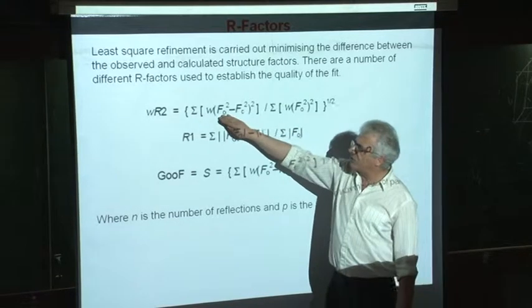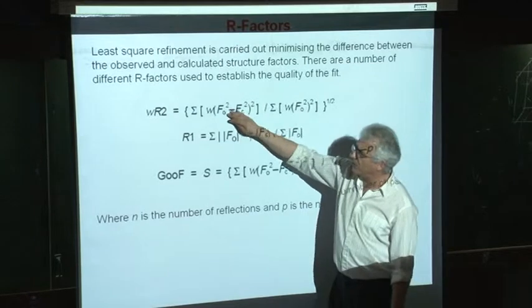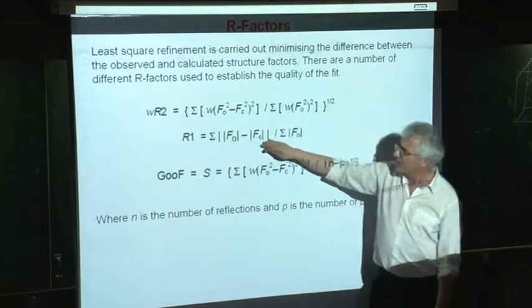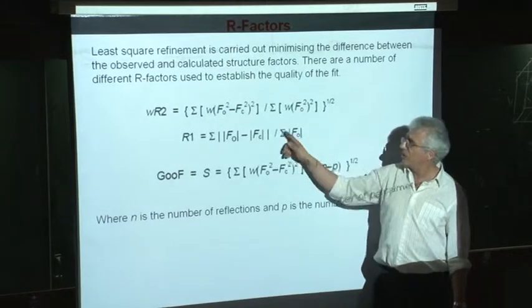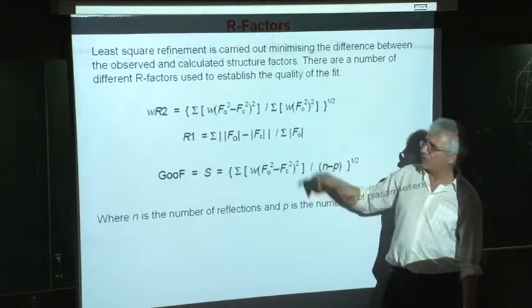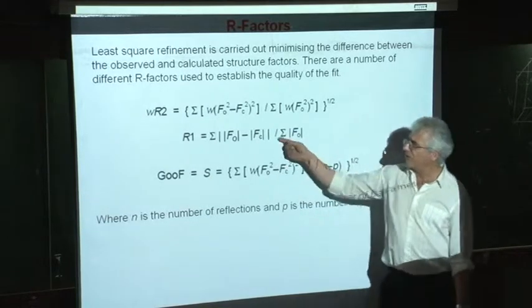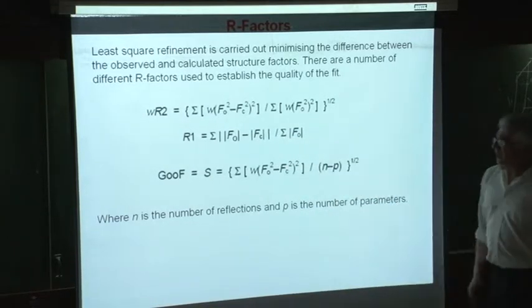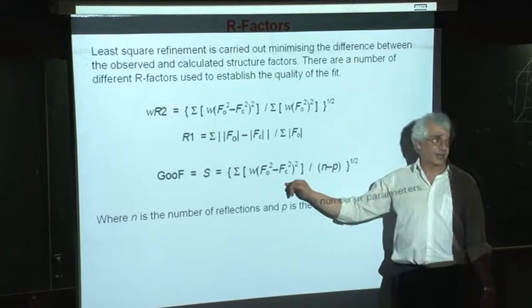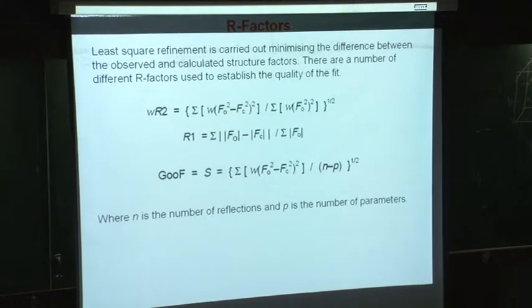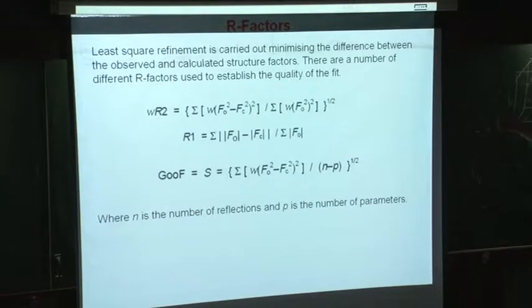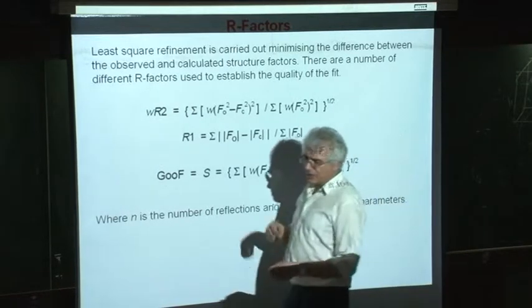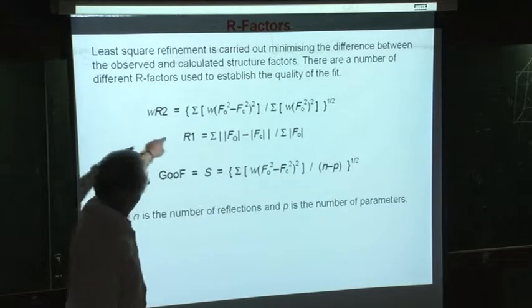This weighted residual here is commonly used, or R1, which is a very simple one: F obs minus F calc, just the magnitudes, divided by the sum of F obs. That's very common. This is also common, and this is more like chi-squared. The programs work by trying to minimize usually R1 or wR2. So it's doing its refinement trying to minimize that difference.